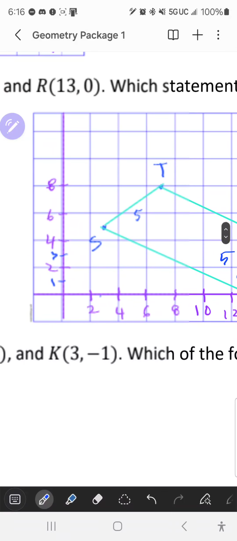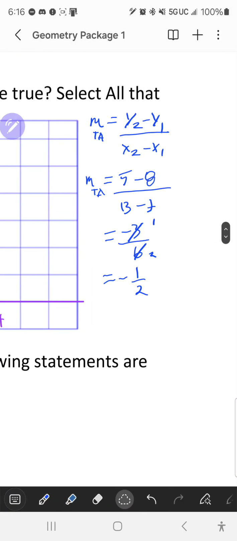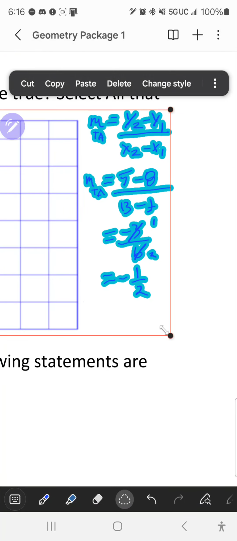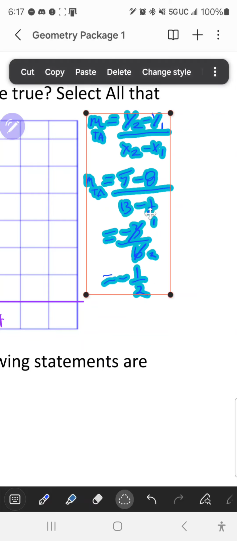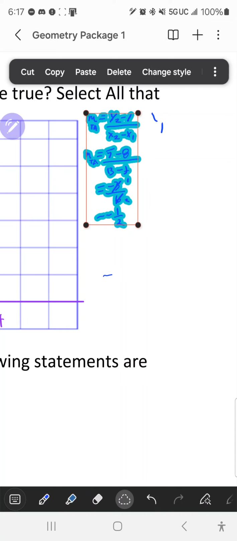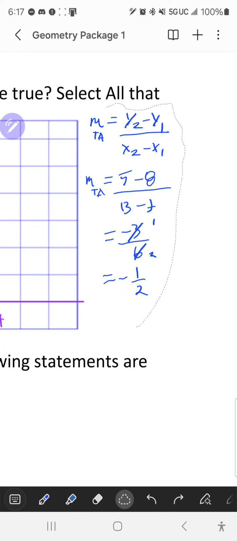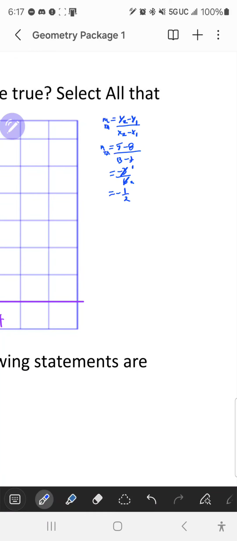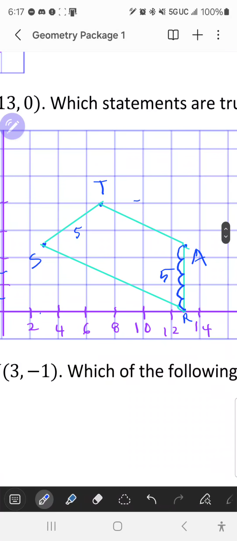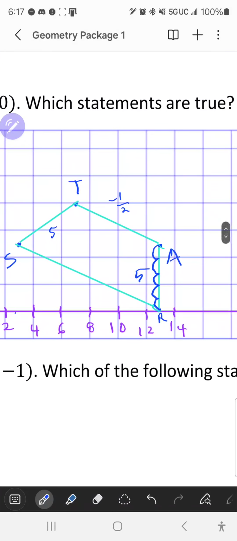Now, if we want to know the slope for this smaller one, okay, I got negative 1 over 2 for TA.